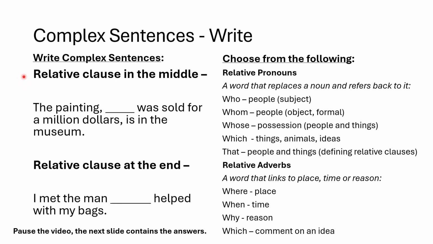Relative clause in the middle: The painting was sold for $1 million is in the museum. Relative clause at the end: I met the man, helped with my bags. Pause the video. The next slide contains the answers.